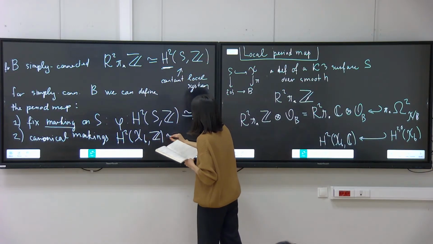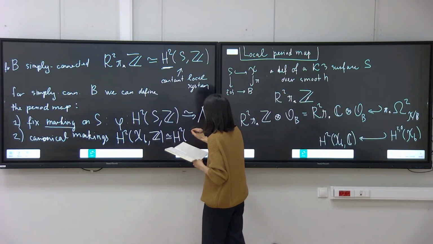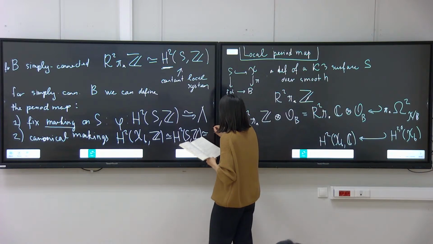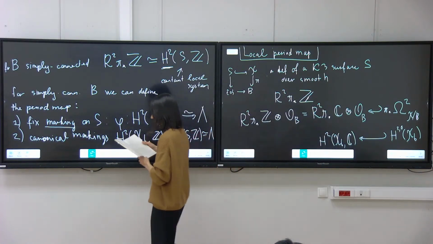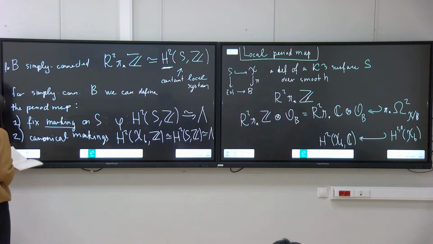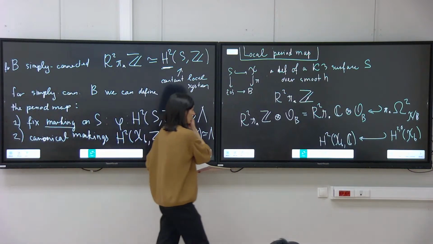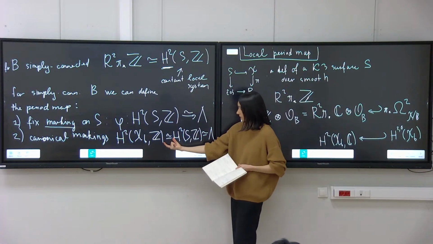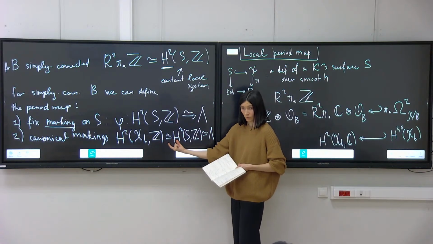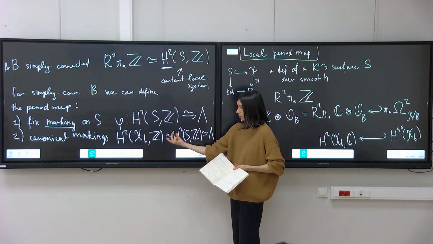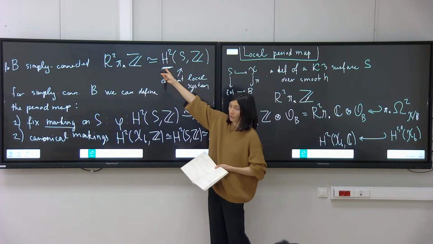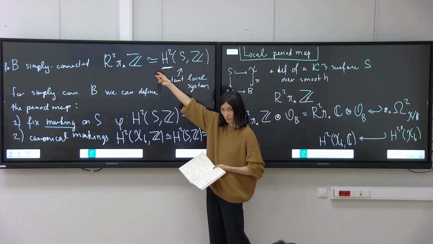This is canonically isomorphic to the second cohomologies of S, and this is canonically isomorphic to the lattice. Because for a non-simply connected base, we don't have a canonical identification, right? We have some identification, but we cannot glue them smoothly over our base. And for simply connected, we have this canonical identification. Okay?